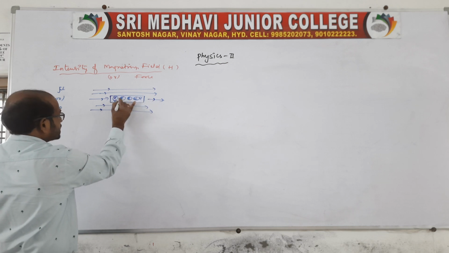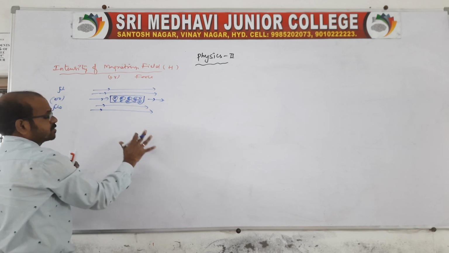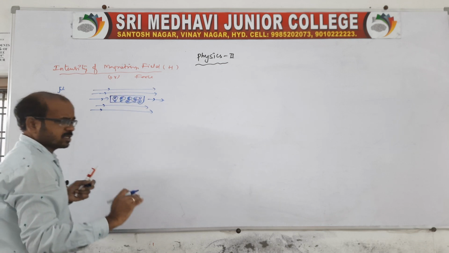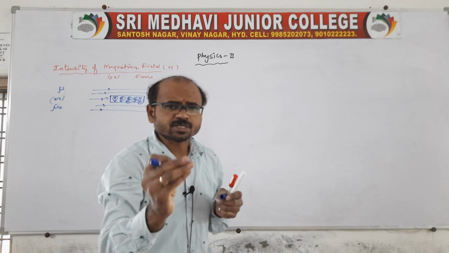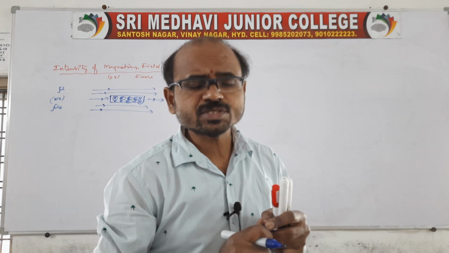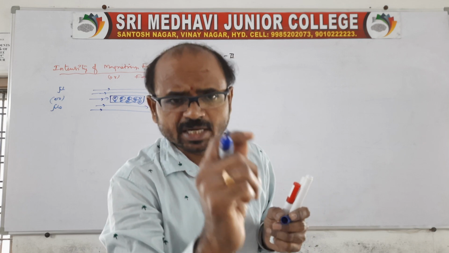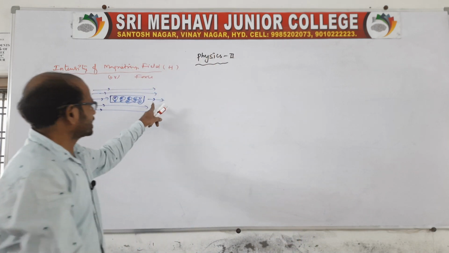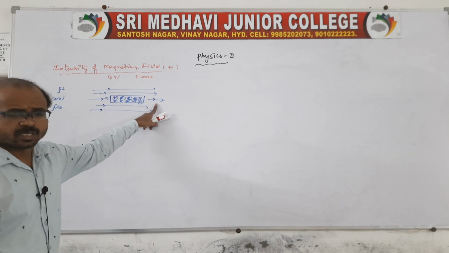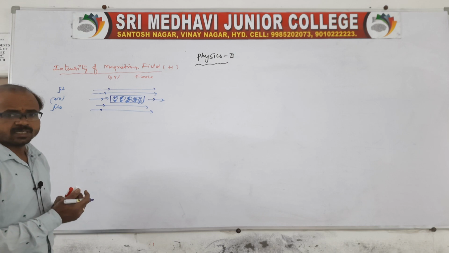Forcibly the substance becomes magnetized. Forcibly, because all free electrons which are in random motion, because of the magnetic force, are arranged in the direction of the magnetic field. That means this bar is forcibly magnetized.